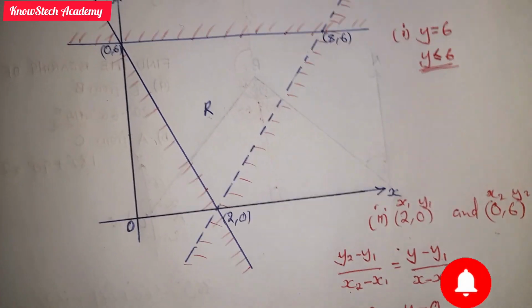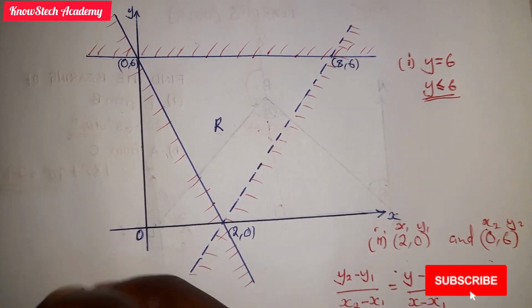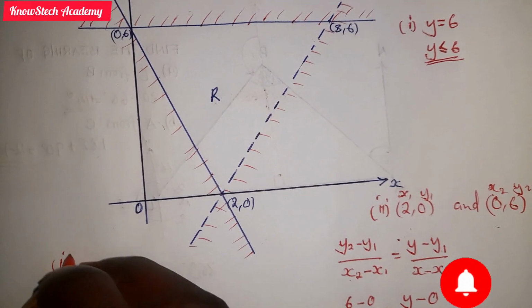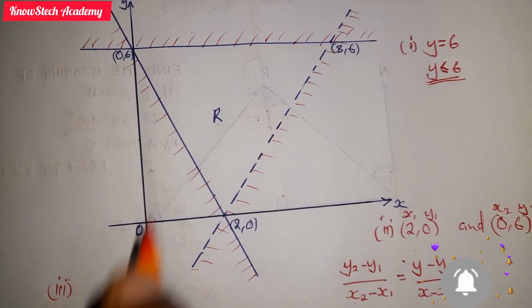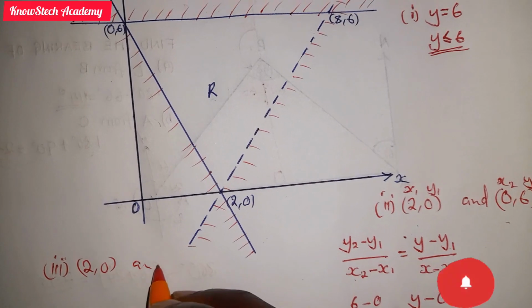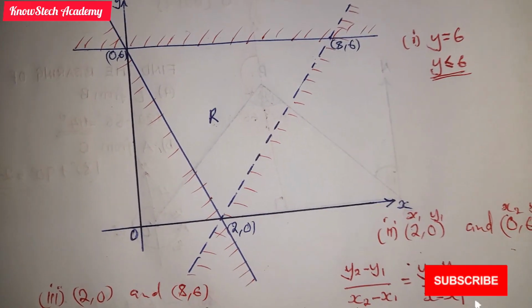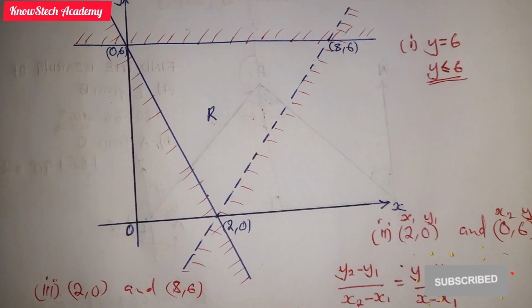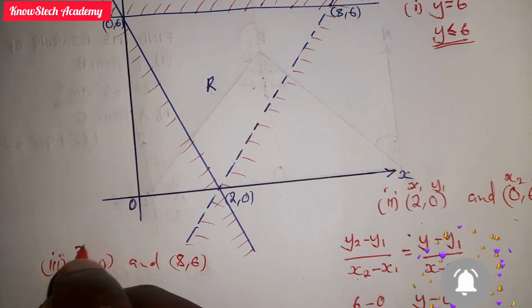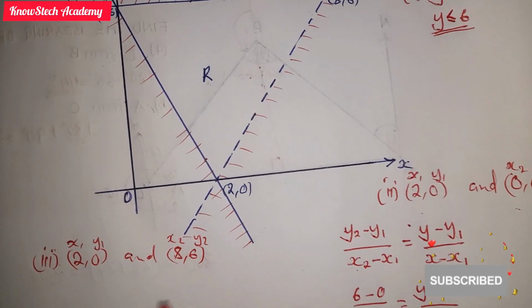The third one is similar to the second question. You can get two coordinates, 2,0 and 8,6. Now this is x1, y1, x2, y2.